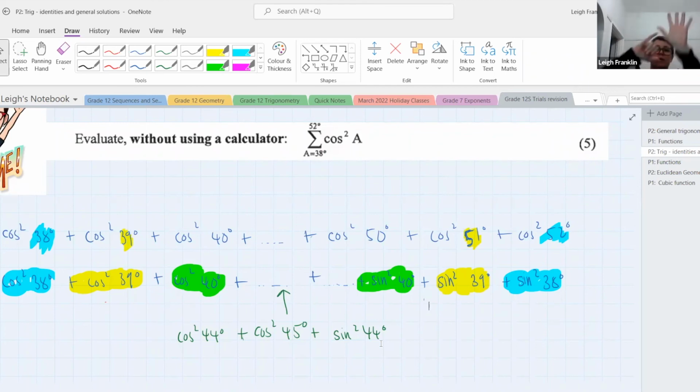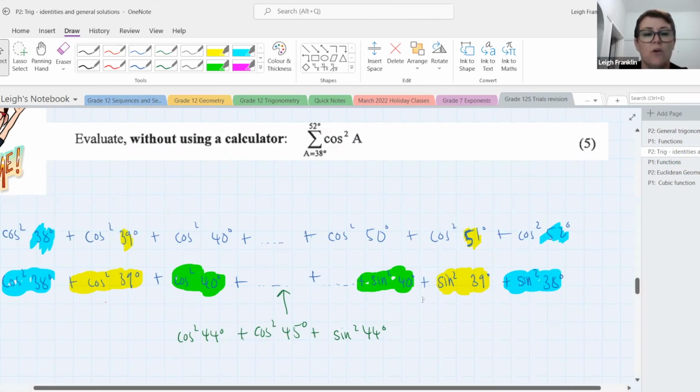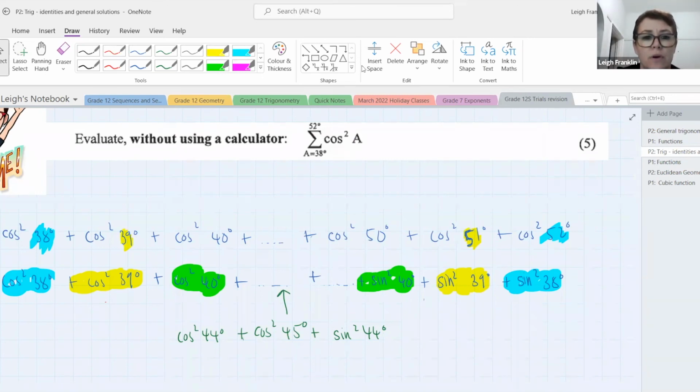So then it would be the 38s, the 39s, 40s, 41, 42, 43, 44. It would be 7 1s that you'd end up with, and then your middle term is that cos squared 45. Does that make sense?